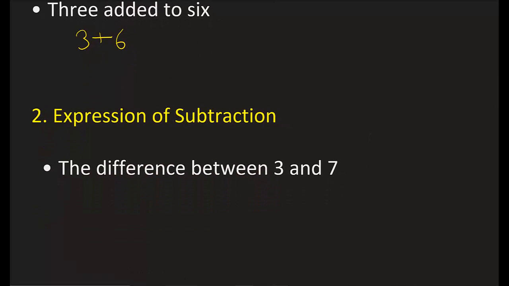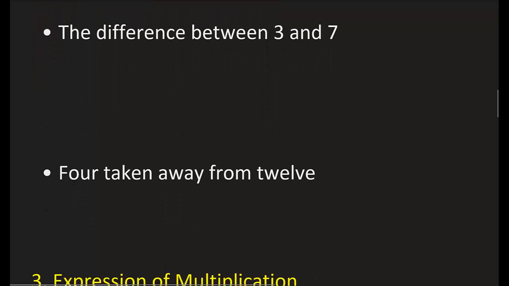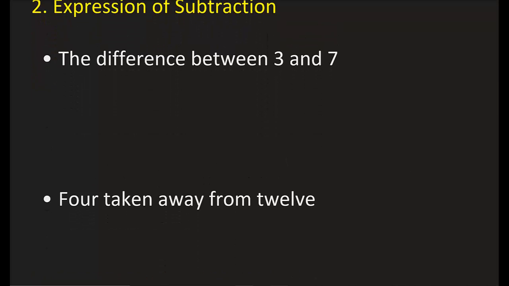Now we see that there are expressions of subtraction, which means we will have to subtract. In the first example, we see the difference between 3 and 7, which means we will have to subtract 3 from 7, which is 7 minus 3.